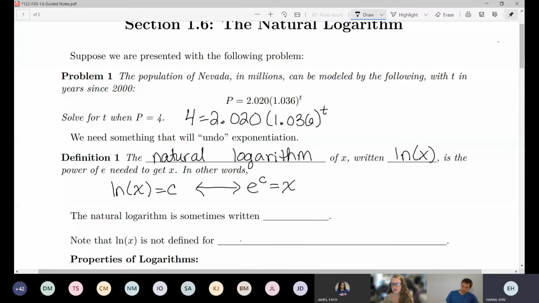That definition in and of itself isn't going to come up very often for us, so you don't really need to remember that. You just need to know how to use it, but that is technically what it means. The natural logarithm can also sometimes be written as log base e of x. And note that the natural log is not defined for 0 or negative numbers.